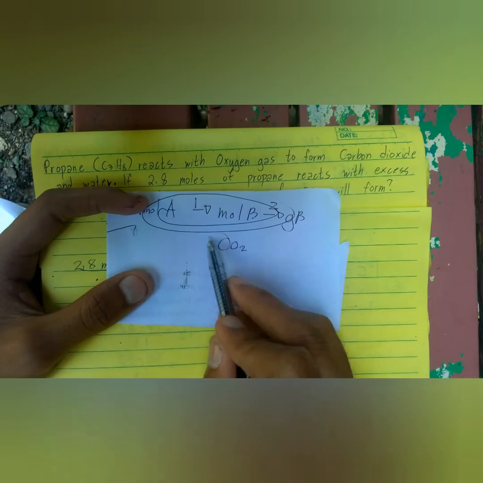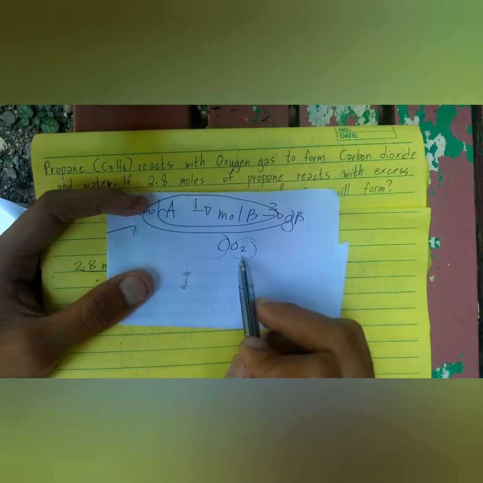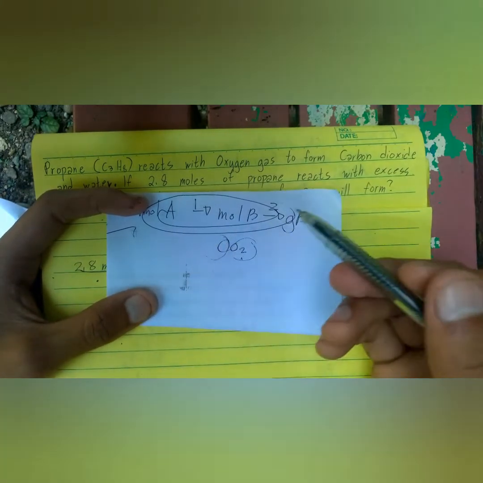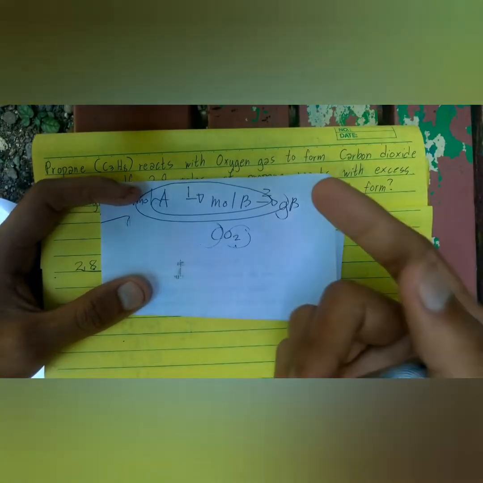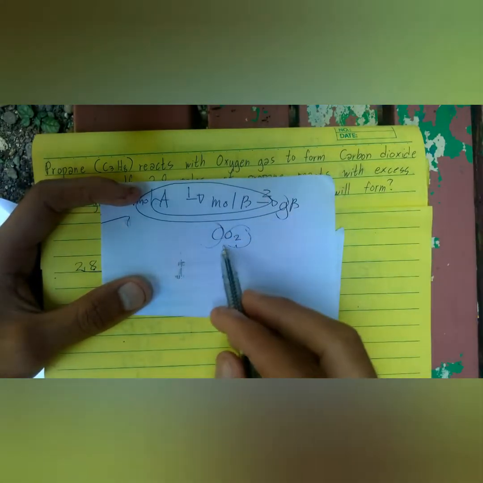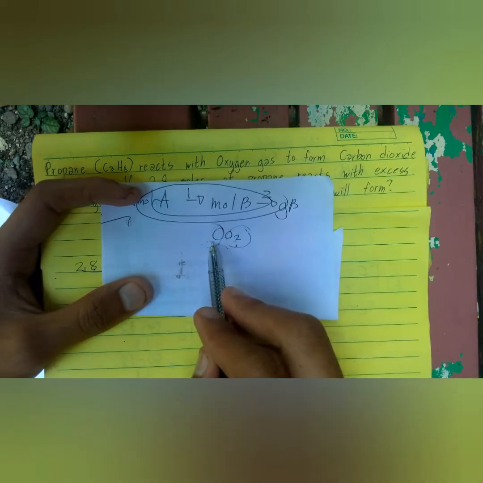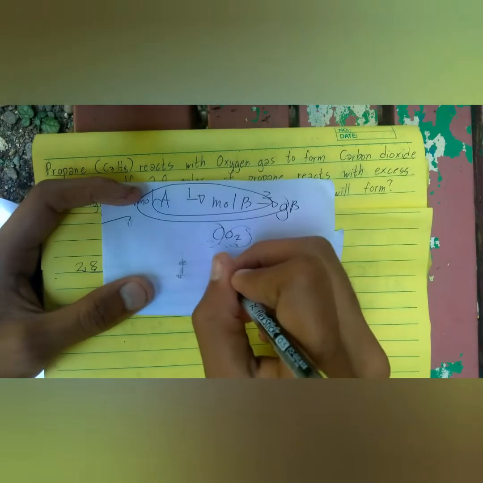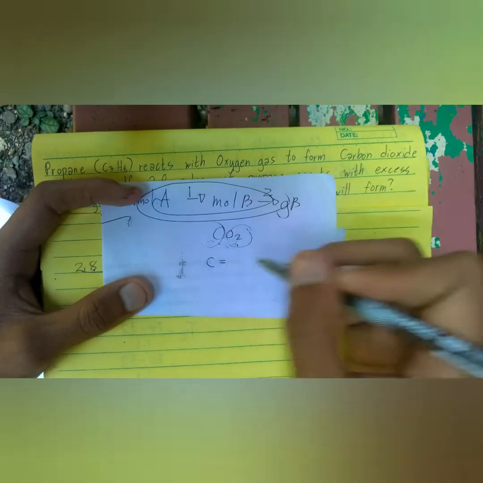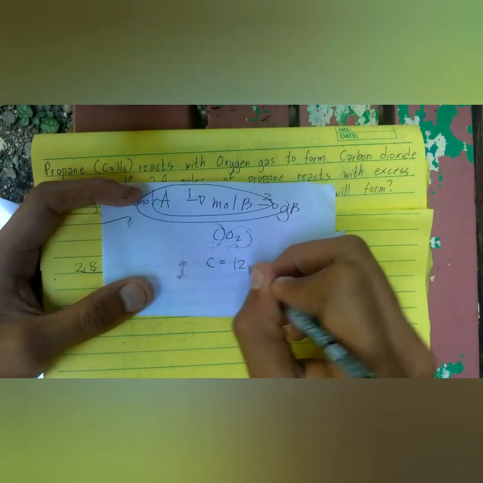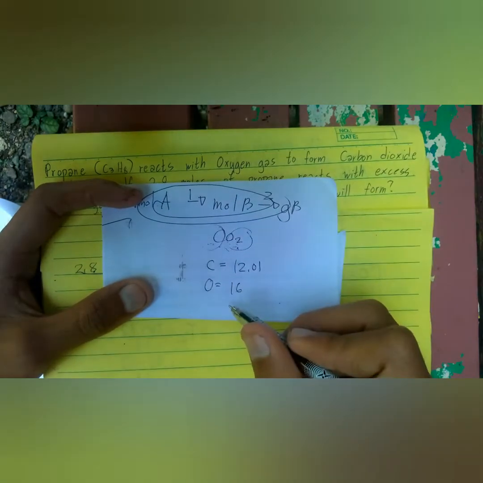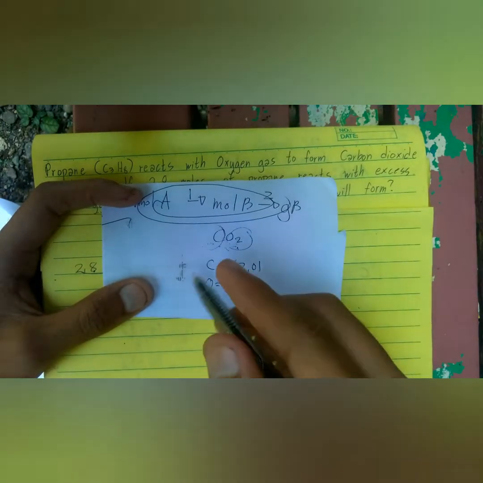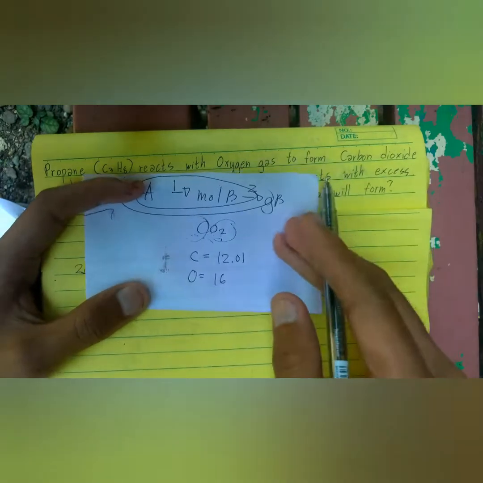That means there's 1 carbon atom and 2 oxygen atoms. And to convert the mole to grams, you must first find the atomic mass for these atoms. Carbon has an atomic mass of 12.01 and the oxygen has 16. You can find this in the periodic table. You'll know what I'm talking about.